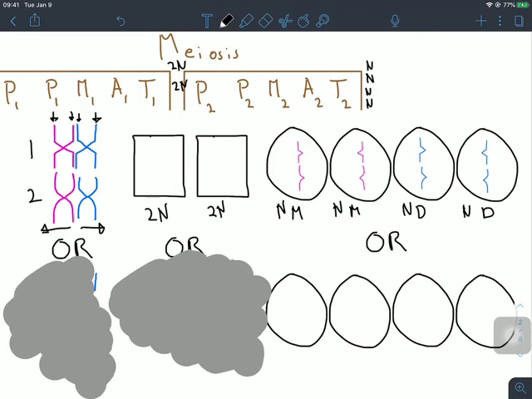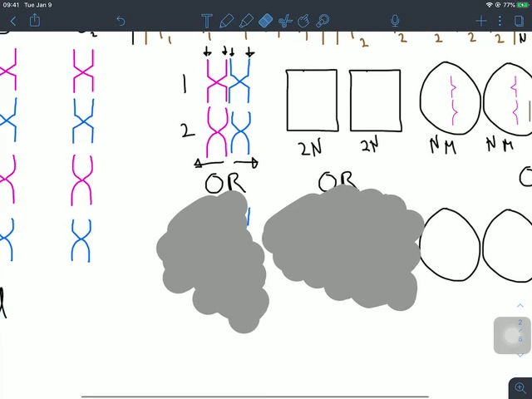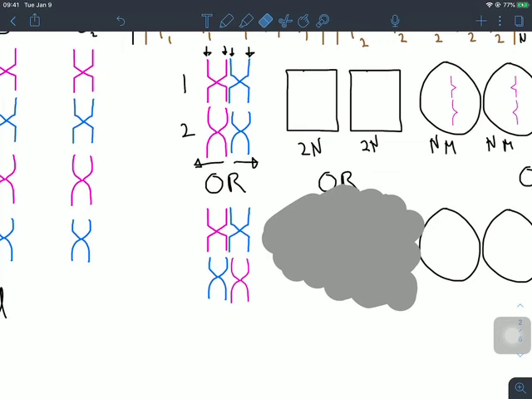Now, this organization of mom on left, dad on right is not a foregone conclusion. In fact, it's actually completely random whether mom's on left, dad's on right for each chromosome. You could get a second meiosis of the same cell that results with a mom 1 on left and a dad 2 on left.